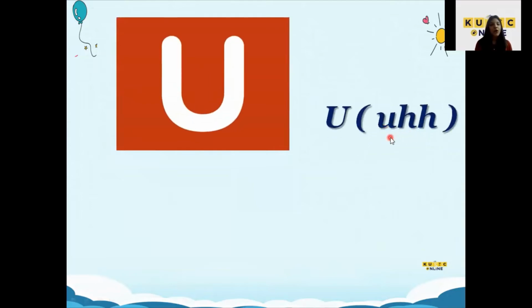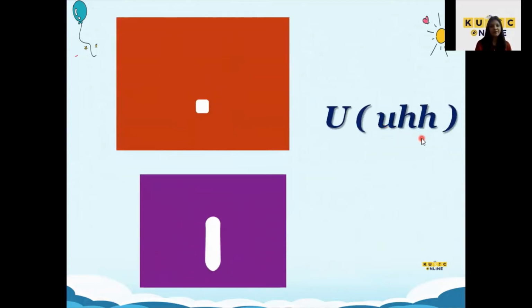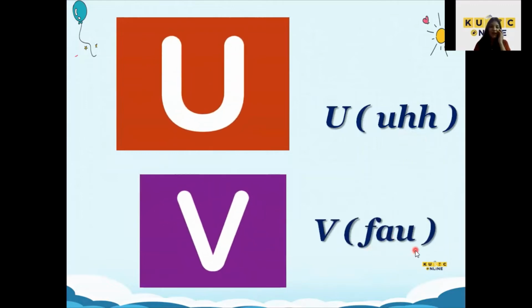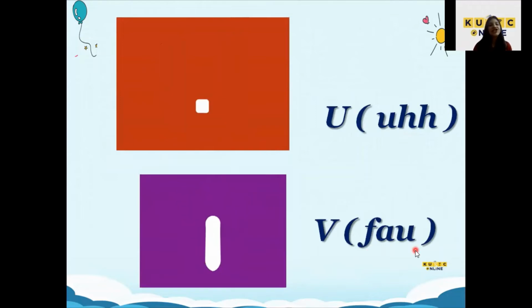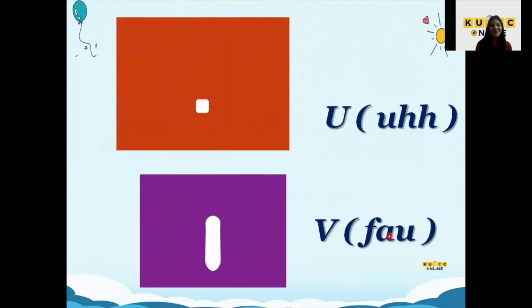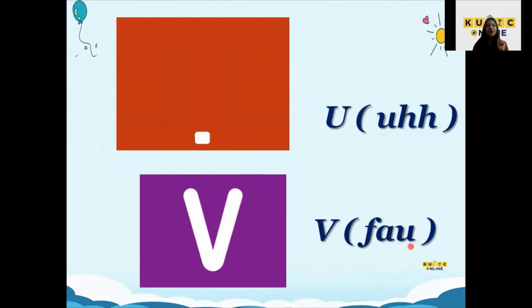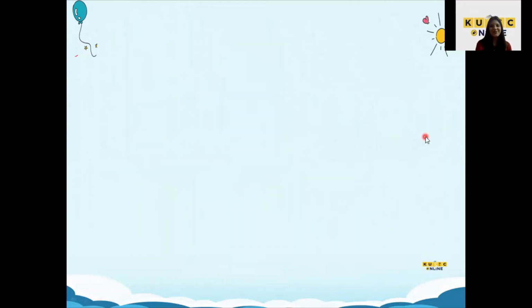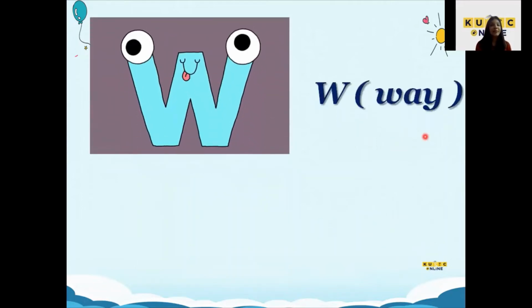Oo. The pronunciation for V in German is Pau. Once again, how do we say V in German? Pau. And how do you say U in German? Oo. Good. The next letter, W. In German, we say Way.